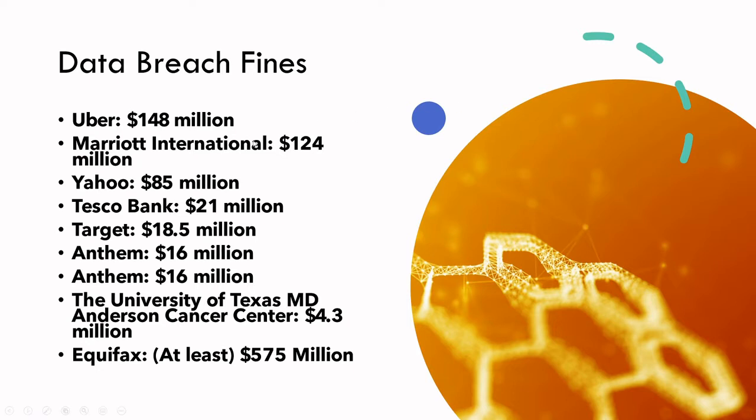So you can see some very name brand companies here: Uber, Marriott International, Yahoo, Target, University of Texas, and of course the big dog, Equifax, which I'm sure virtually everybody's heard about, and it's going to cost the company over $2 billion total after free credit reporting, legal fees, the actual fine levied, liability, in basically all 50 states. So encryption can help avoid those fines as well as all the things that we previously covered.